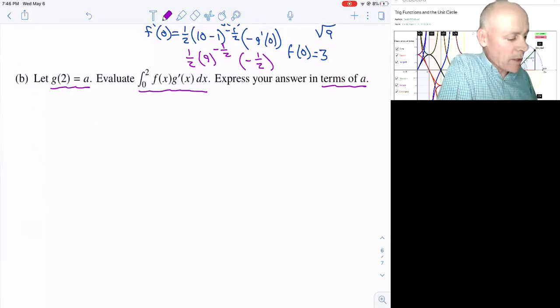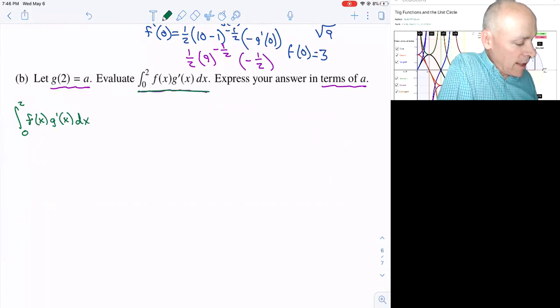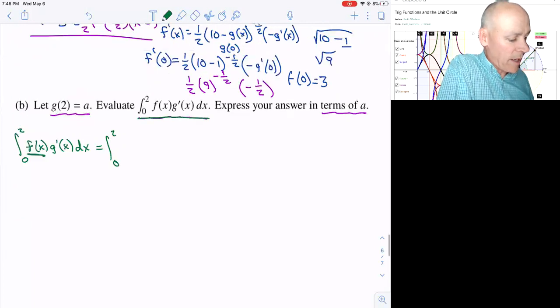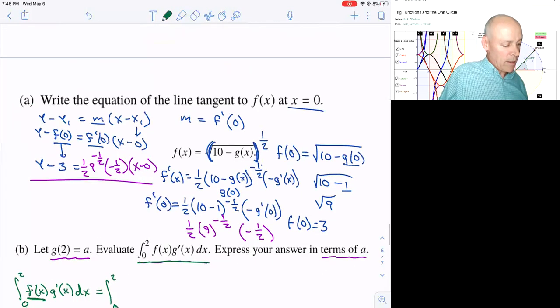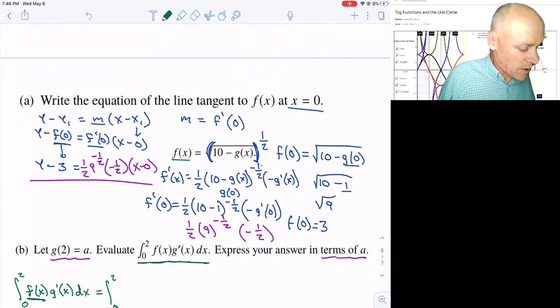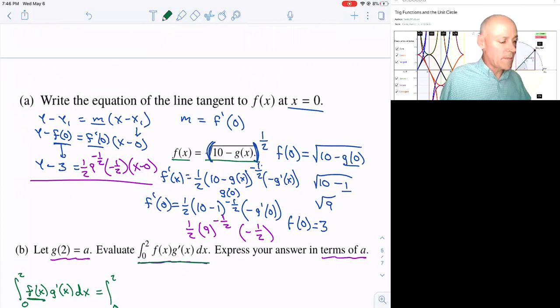Well, here's what we can do. Let's take our definite integral, 0 to 2 of f of x g prime of x dx, and we're just going to do a rewrite. And the only rewrite is we're going to substitute in what f of x is defined as. So this is going to be the definite integral from 0 to 2, and instead of f of x, we go up here, we had it right here. F of x is equal to the square root of 10 minus g of x. See it right there, I copied it down from above.